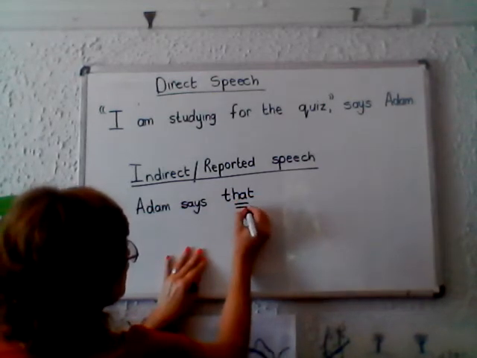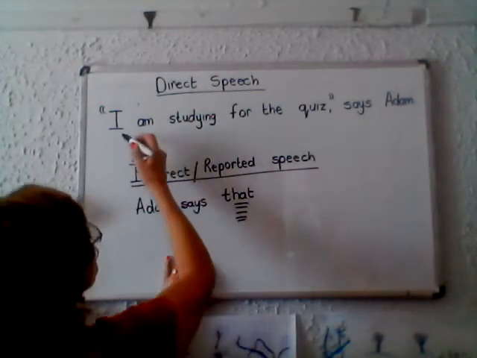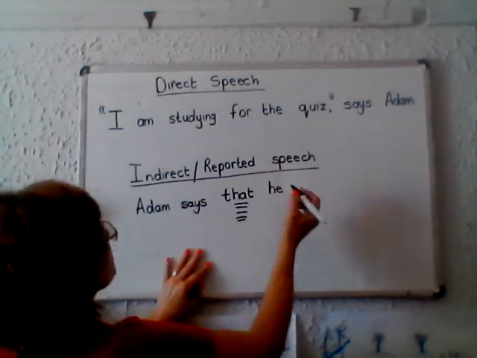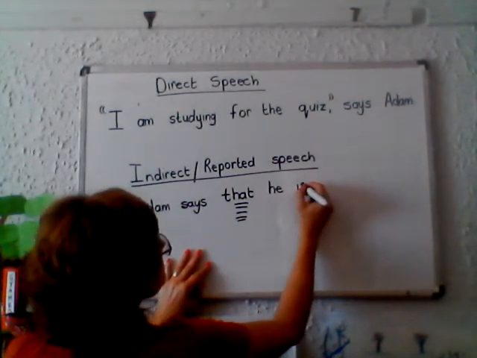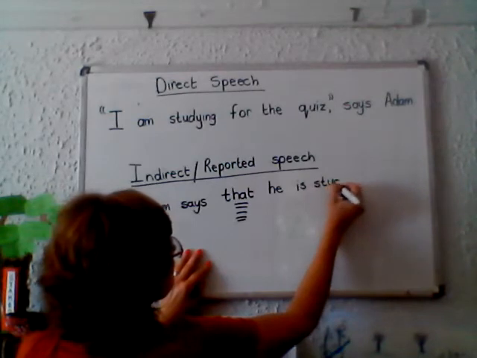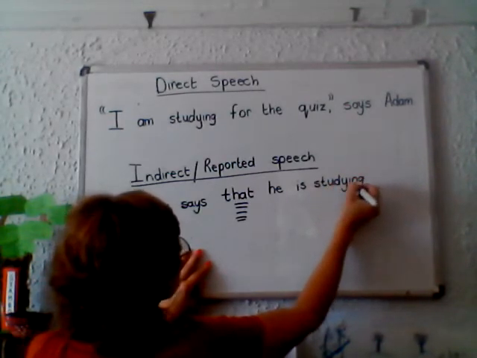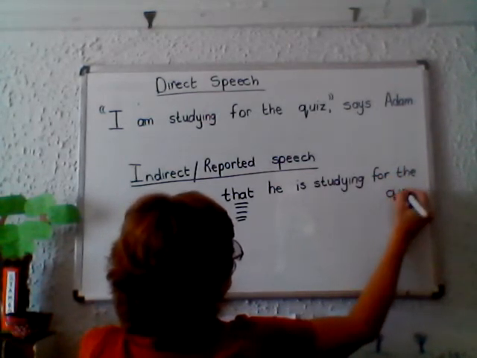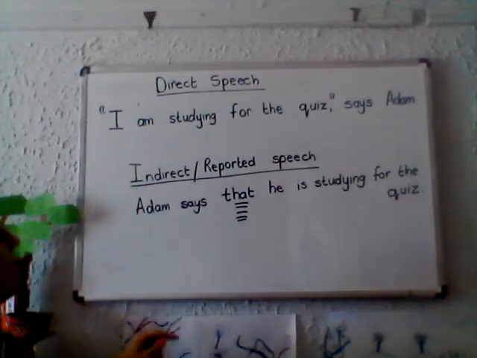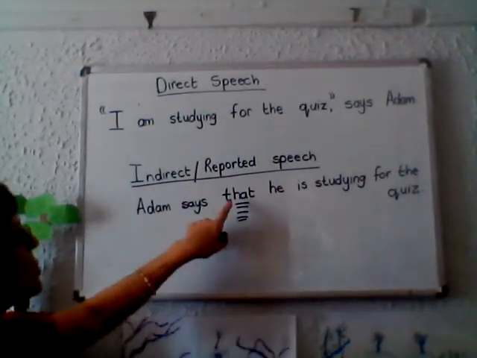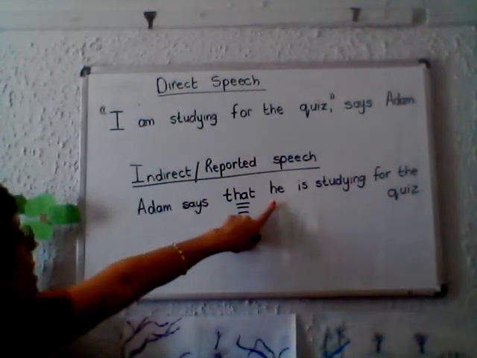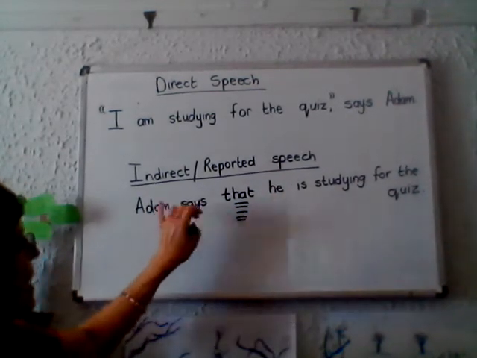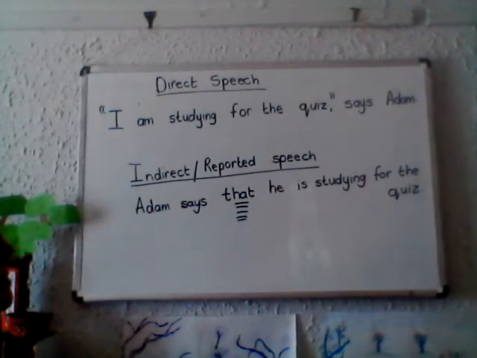You use the word that, and not I. You change I to he, to a pronoun. So when you do the indirect or reported speech, you use the word that. You change all your pronouns, the I to he if it is a man, and she if it is a lady or a woman.